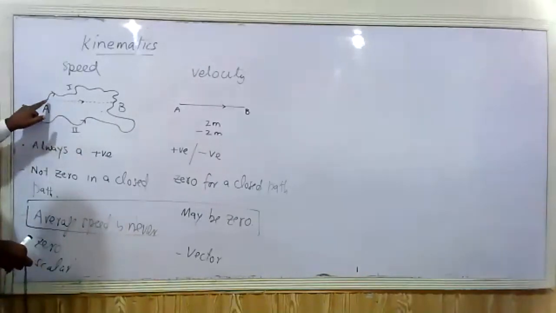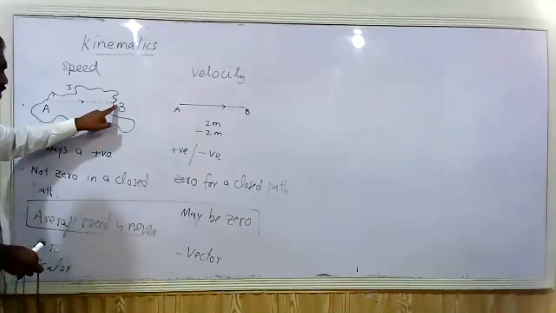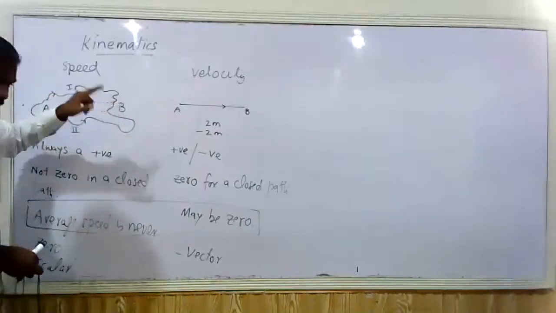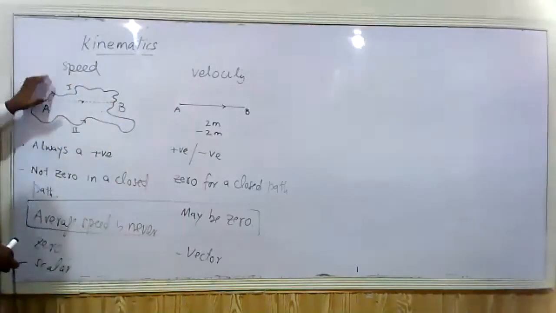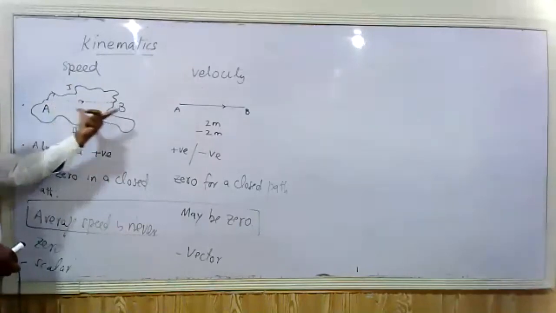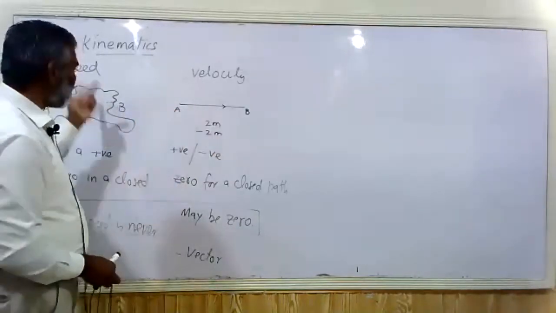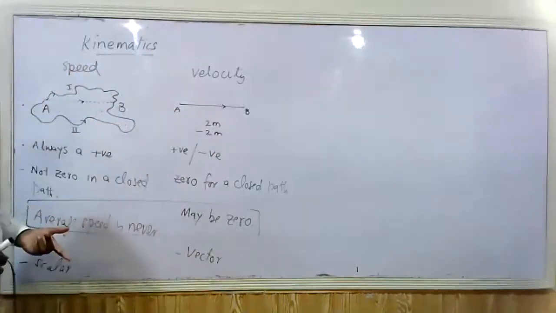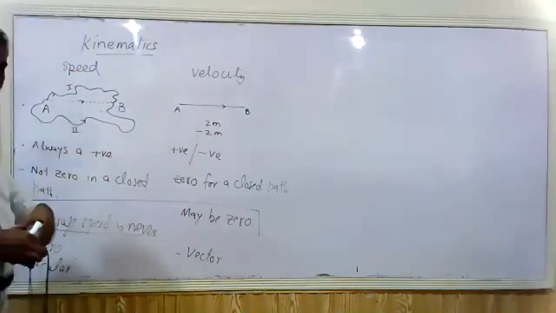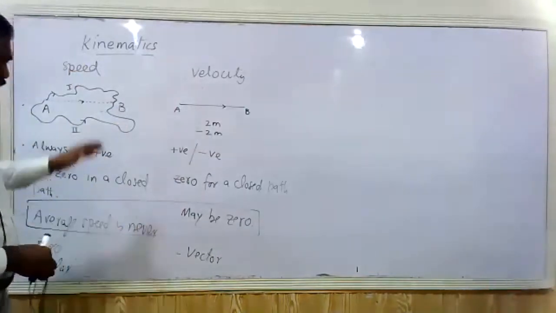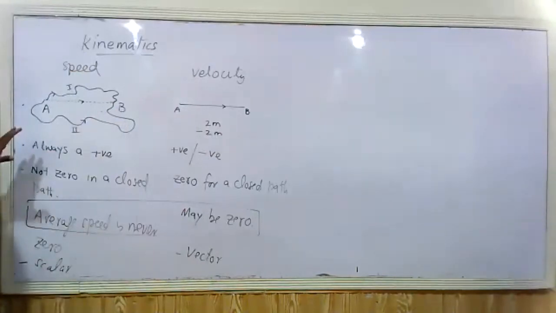If you have moved from this to this in a certain time, you divide the distance by time to get the average speed, but you divide the displacement by the same time to get your velocity. So speed and velocity are very different quantities, as we can see from this example.